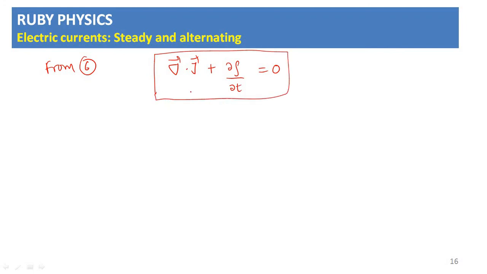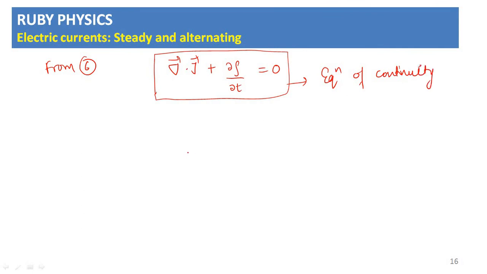From equation 6 we get that del dot J plus partial rho by partial t is 0. This is true for any arbitrary volume, and only when the integrand is equal to 0 do we get this equation, which is known as the equation of continuity.